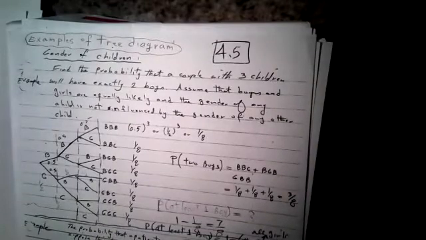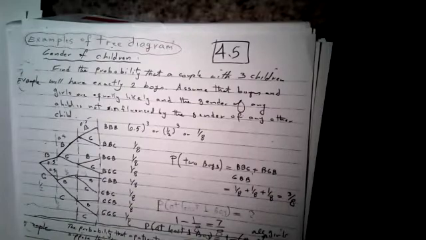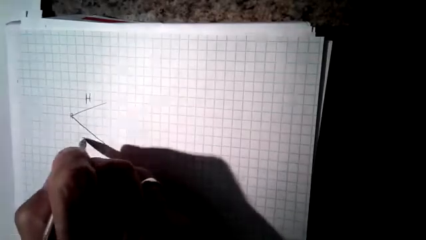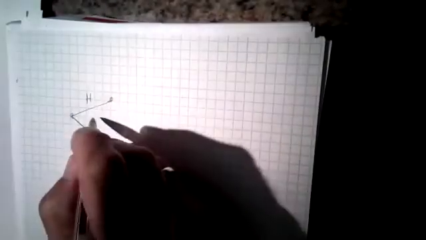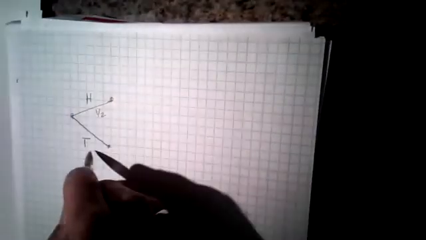This is a tree diagram. The tree diagram is very important in statistics. If you want to draw a simple one, let's say we flip a coin. When you flip a coin, you either get head or tails, okay? What's the probability of getting a head when you flip the coin? 1/2. Or what's the probability of tail? 1/2.